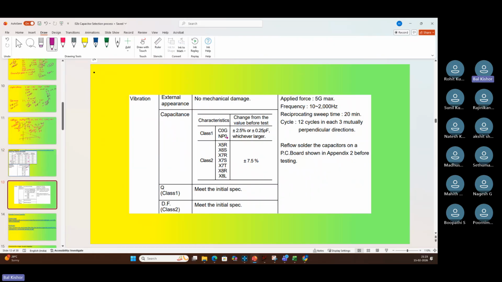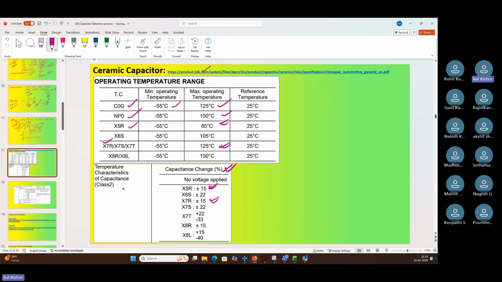You can see here, based on vibration, what is the capacitance change? Based on the temperature characteristics, the change is this. Based on voltage characteristics, the change will be some other. Based on delta V, delta C will change.